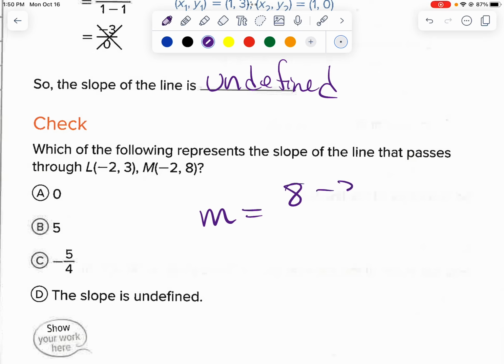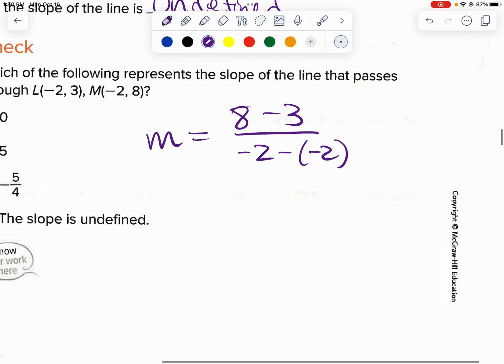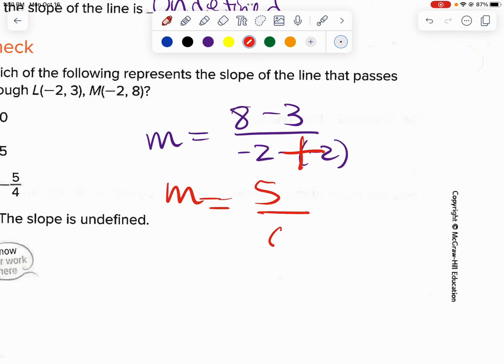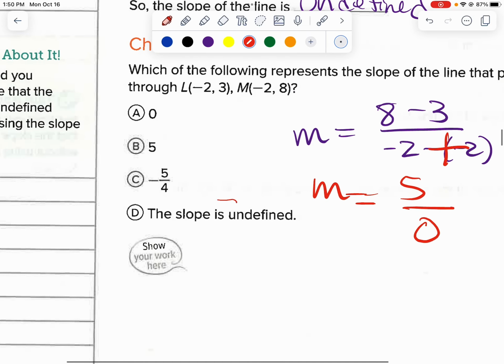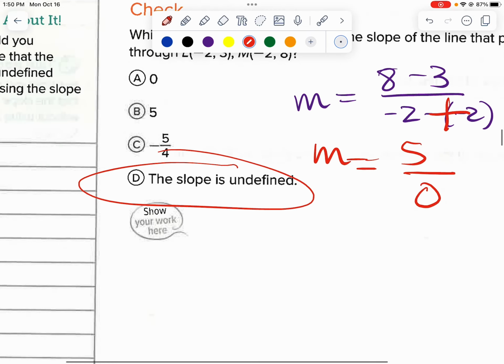So 8 minus 3 over -2 minus -2. This turns to a plus sign, so I get 5 over 0, which is undefined.